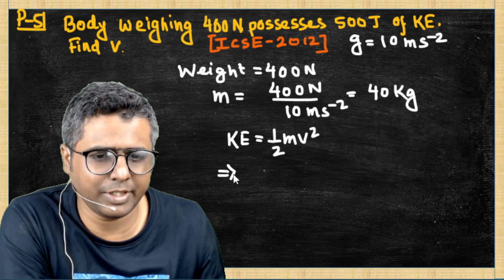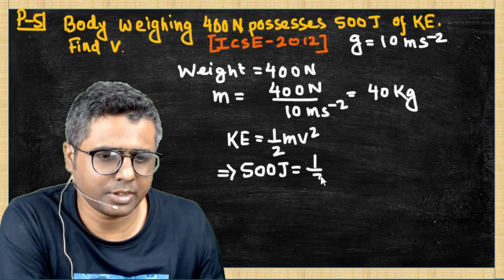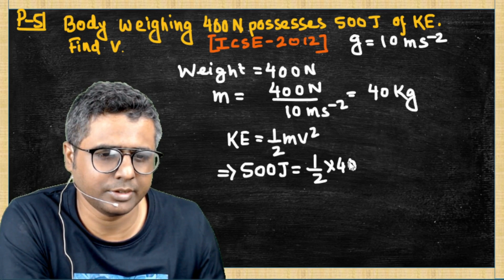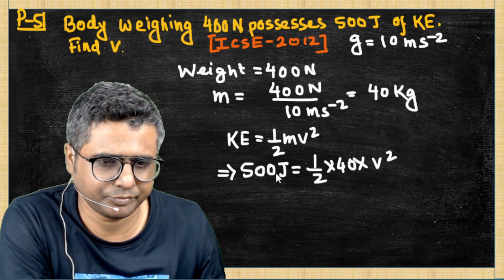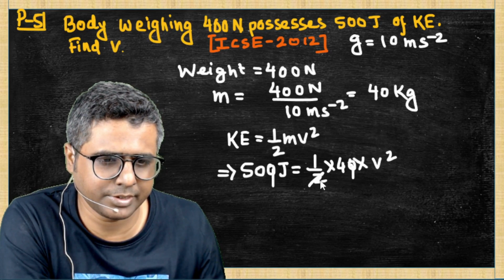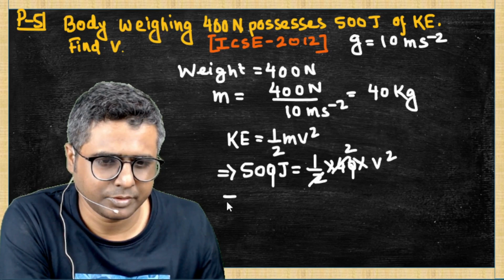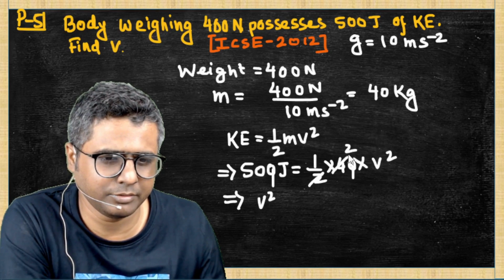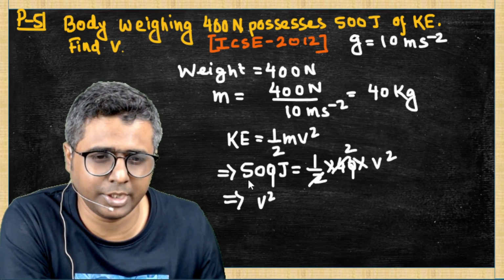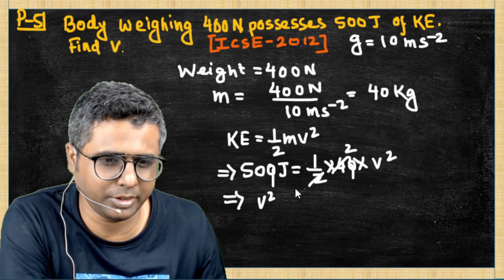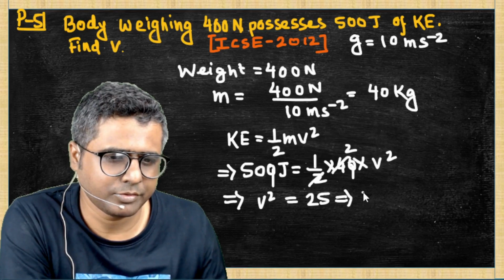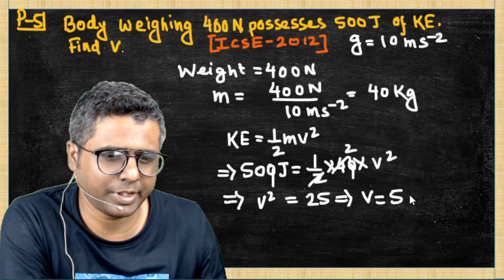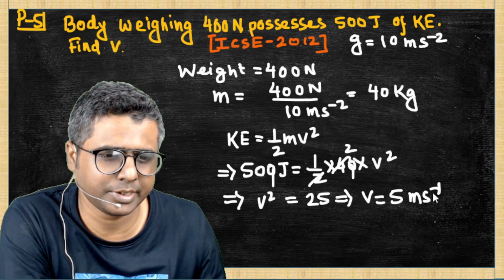The kinetic energy value is given over here, 500 joule, half into 40 into v square. 10 cancels out 2, so v square is equal to 25. So v will be 5 meter per second.